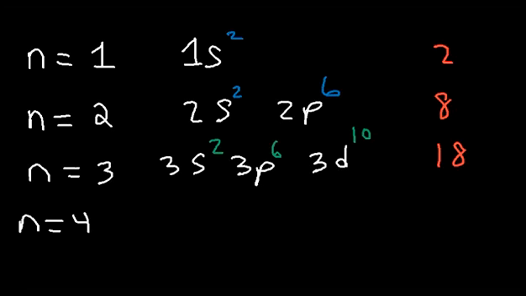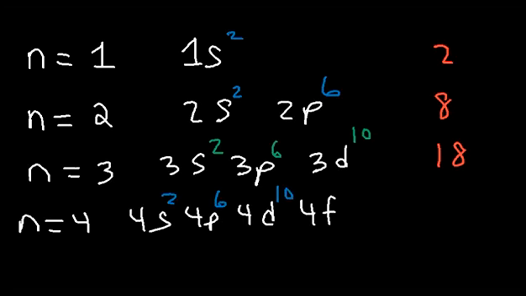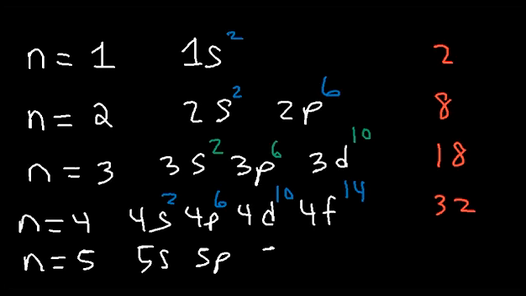In the fourth, you have 4s, 4p, 4d, and 4f. So that's going to be 2 plus 6 plus 10, which is 18, plus 14. F can hold up to 14 electrons. It has 7 orbitals. So what we now have is 32. Now what about the fifth energy level? There's 5s, 5p, 5d, 5f.